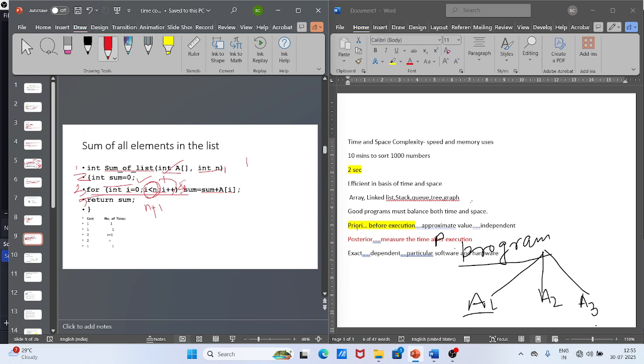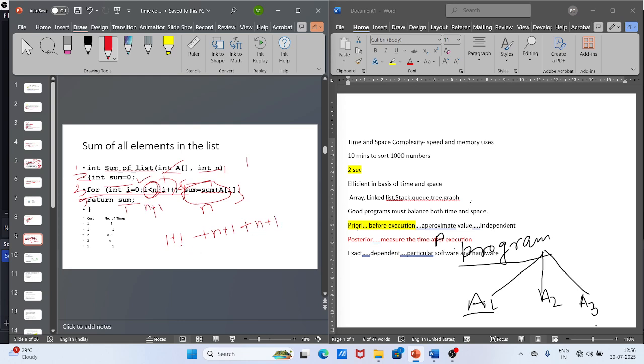Within the loop this statement is present, so it also executes n times, and this is 1 time. So total time needed is 1 plus 1 plus n plus 1 plus n plus 1.